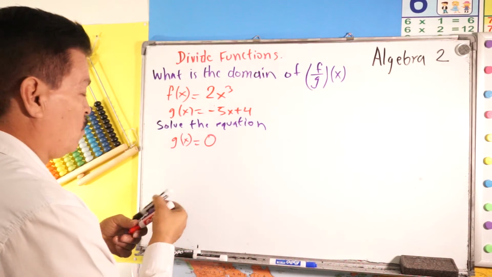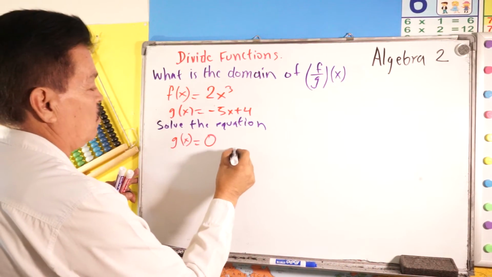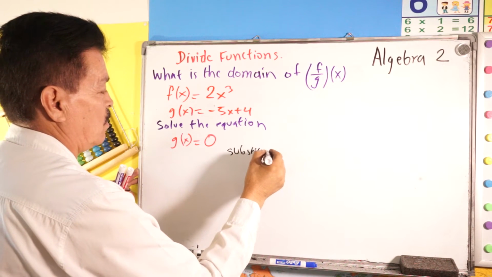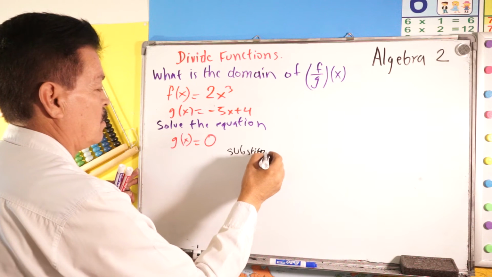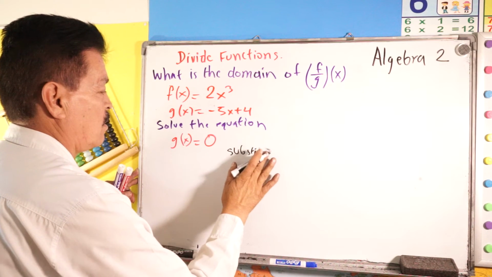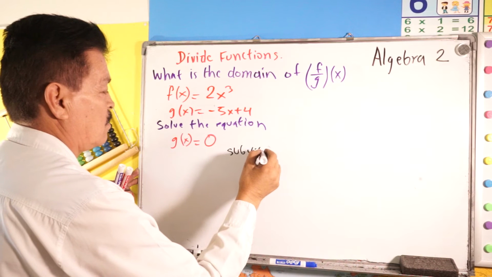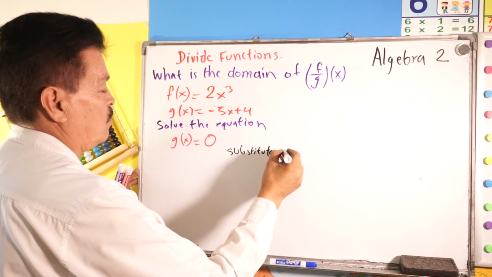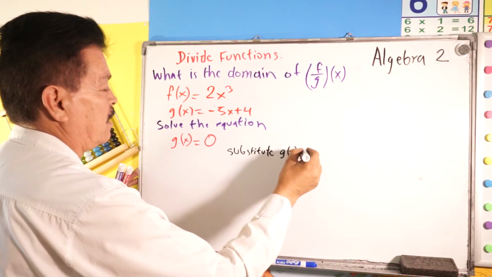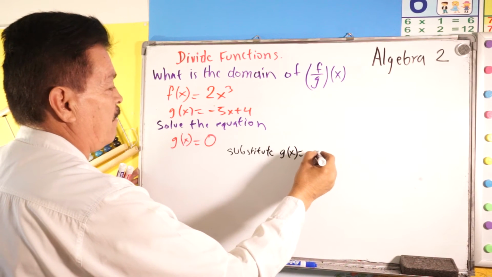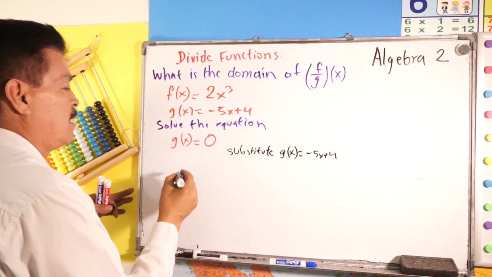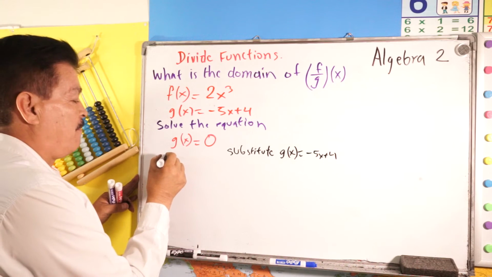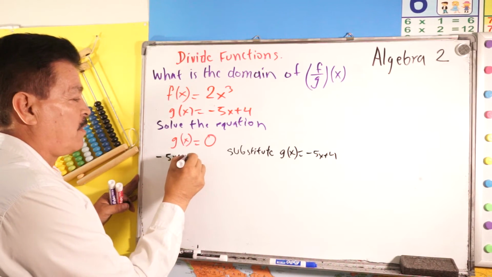Substitute: negative 5x plus 4 equals 0.